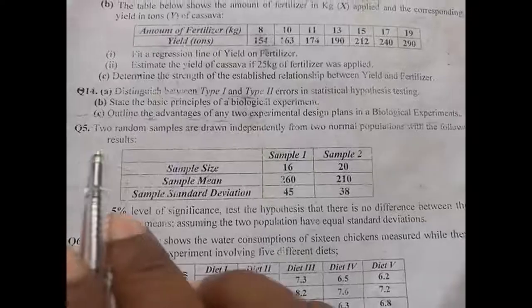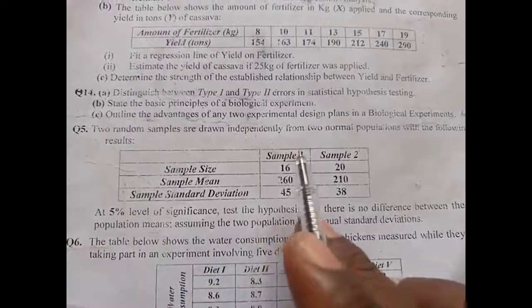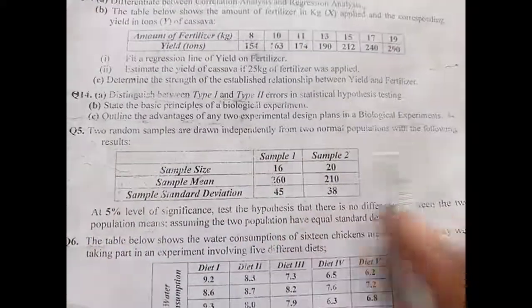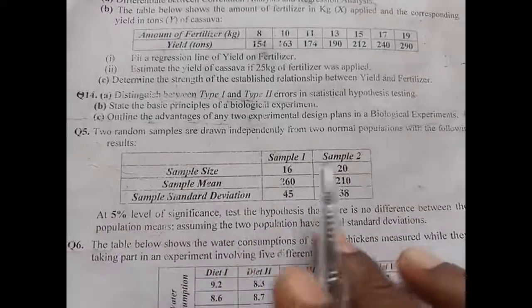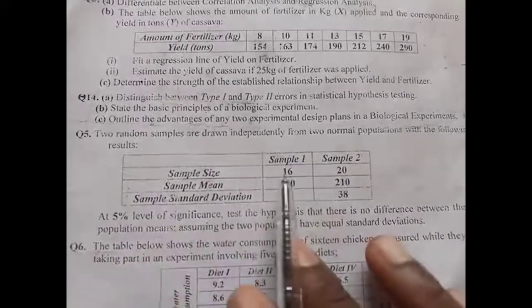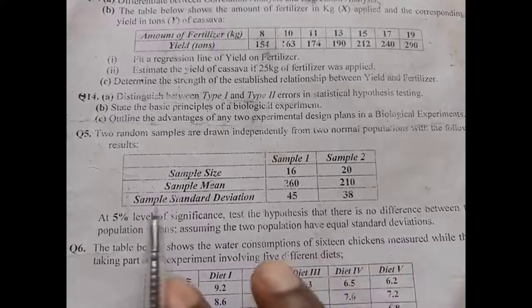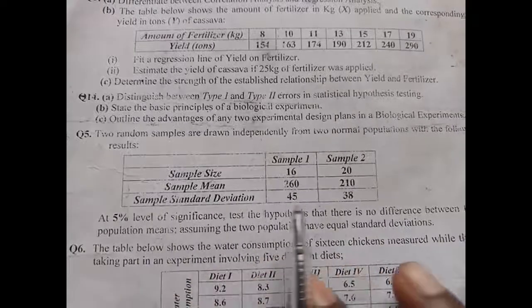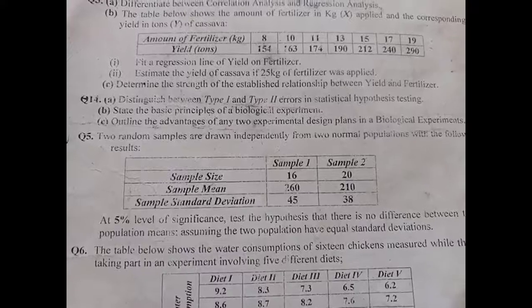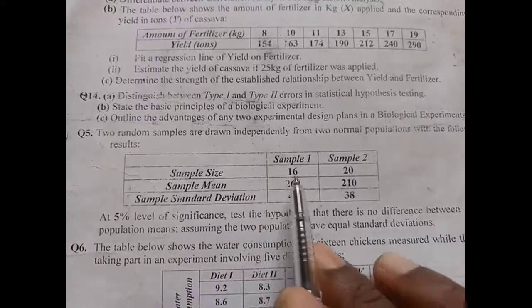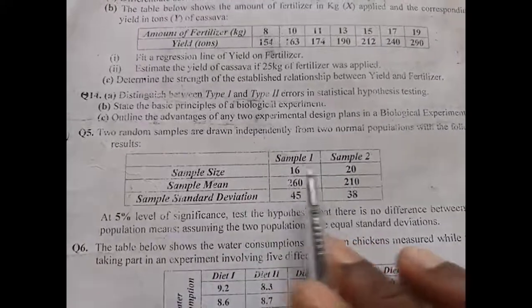The next question says, two random samples are drawn independently from two normal populations with the following results. Sample 1 and sample 2, sample sizes 16 and 20, sample means 260 and 210, sample standard deviations 45, and this. The first thing we need to notice here is that the sample size is small, not up to 30.